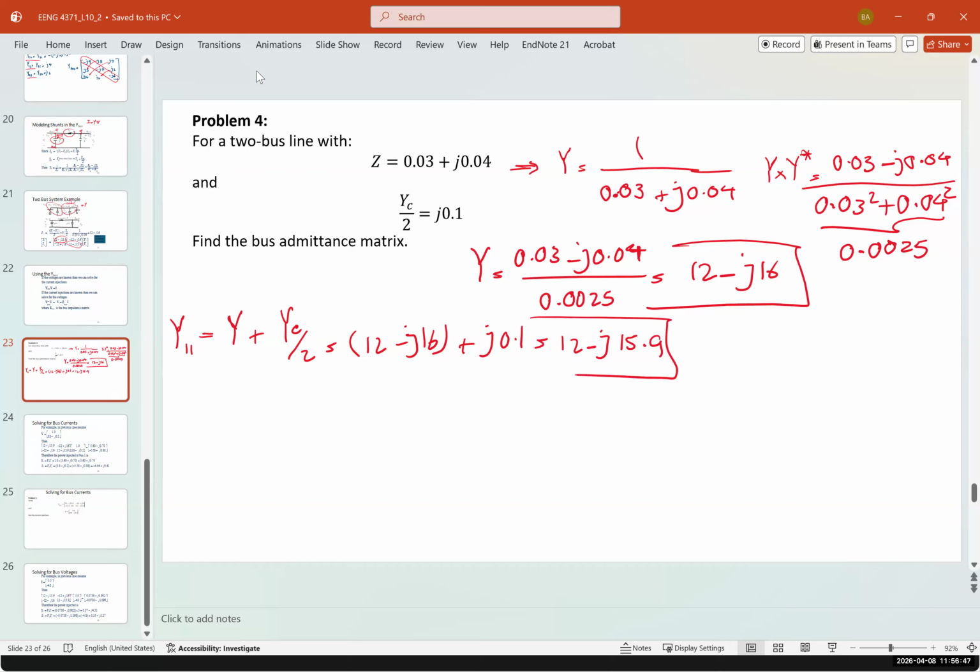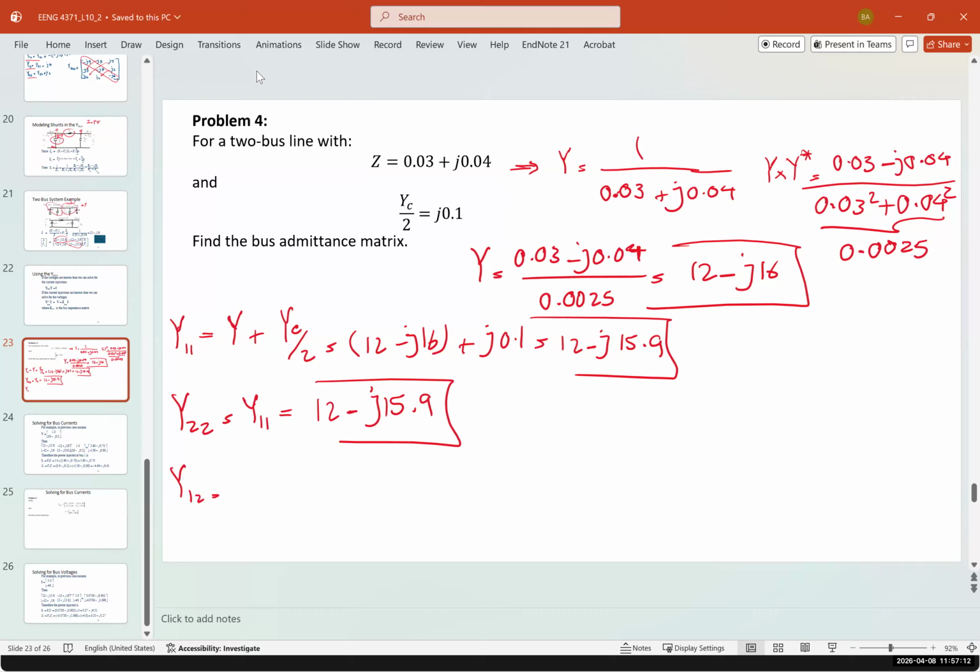And this is our self-admittance. Now the same thing for Y22, it's going to be the same as Y11 because the admittance between them was equal and the admittance that they had to the ground was the same, YC over 2. So therefore, it's again 12 minus j15.9.